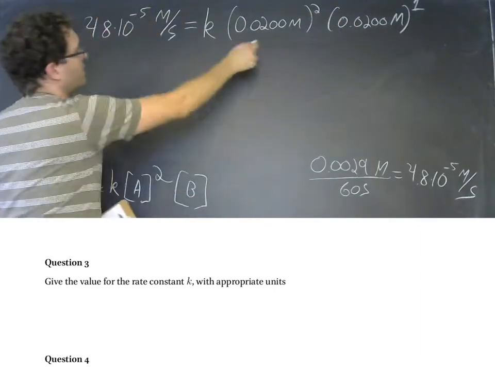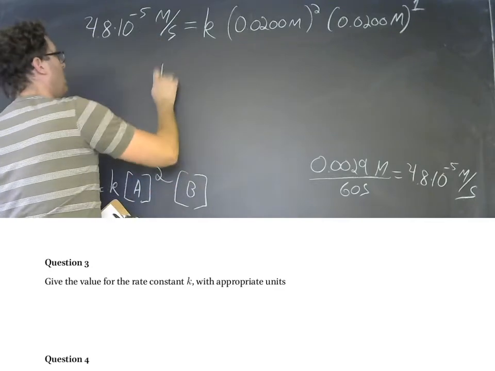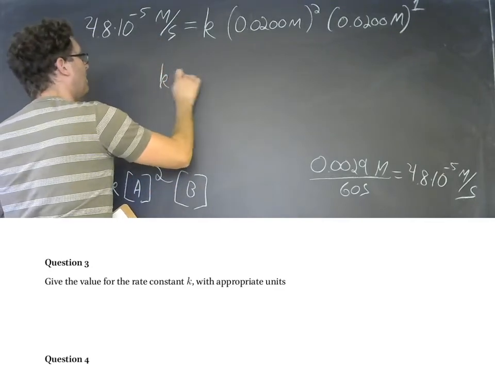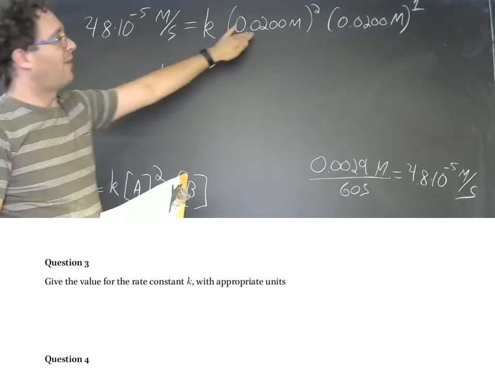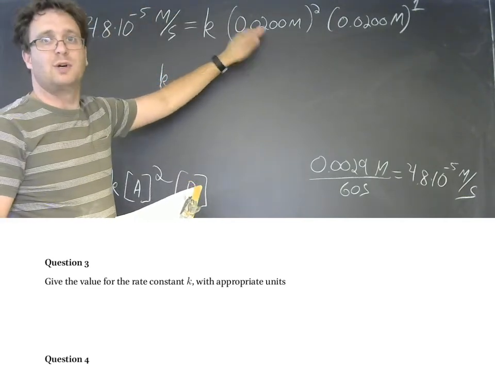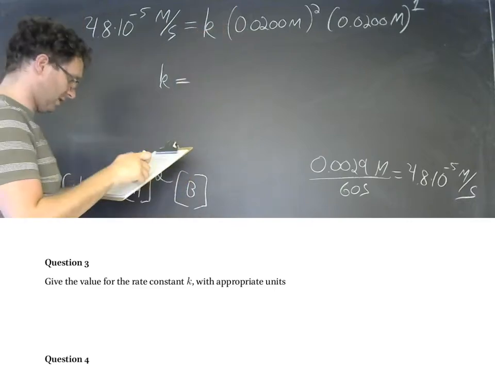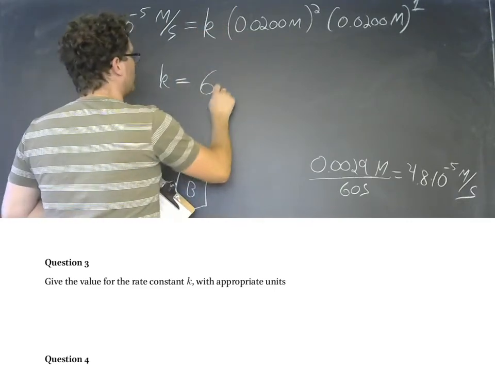So we can just divide those over. In the end we get k is equal to 4.8 times 10 to the negative fifth divided by 0.02 cubed. And that's going to give us actually a nice number of 6.00.